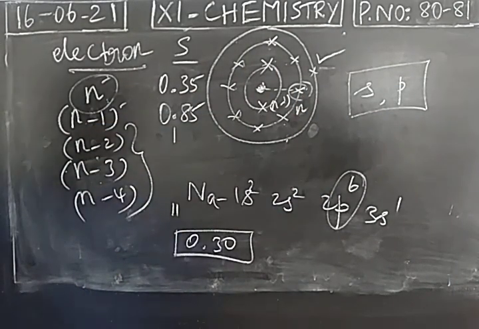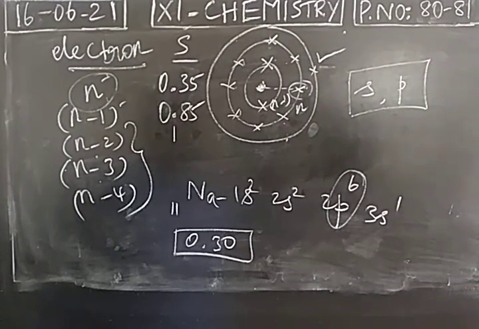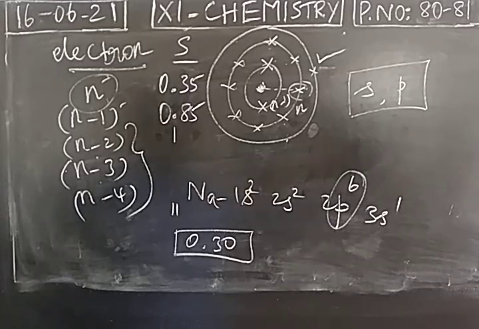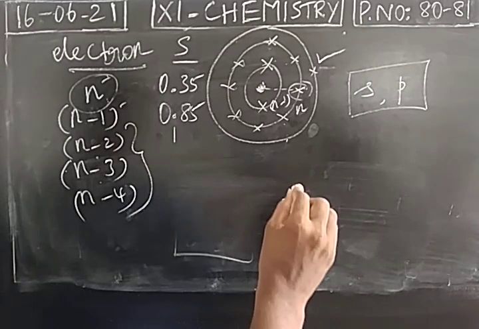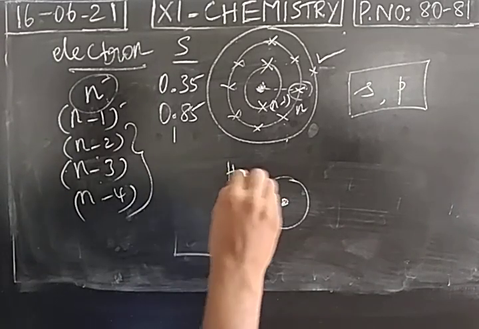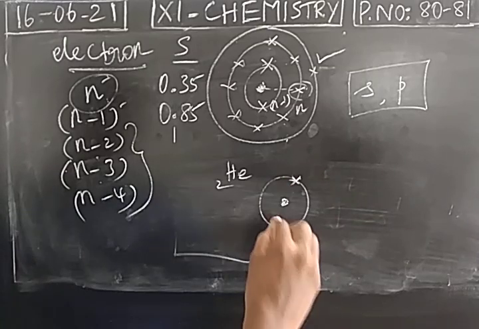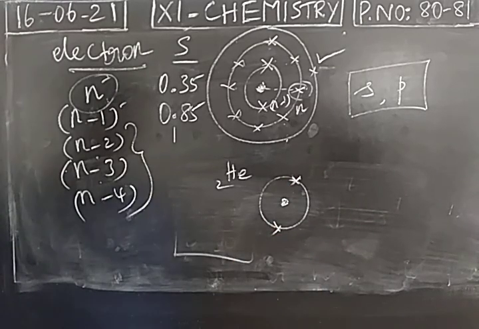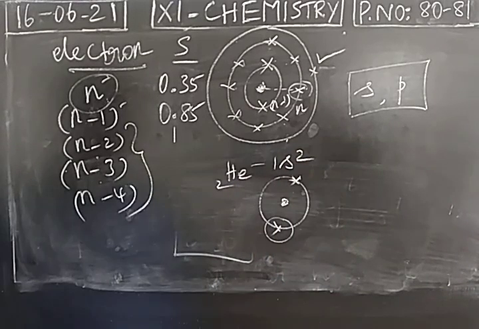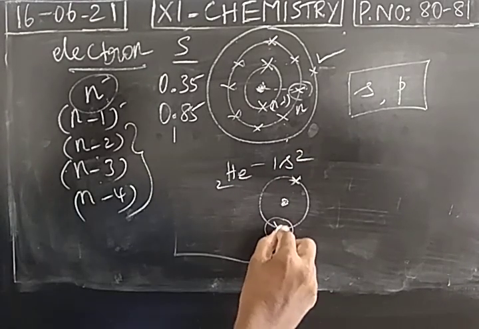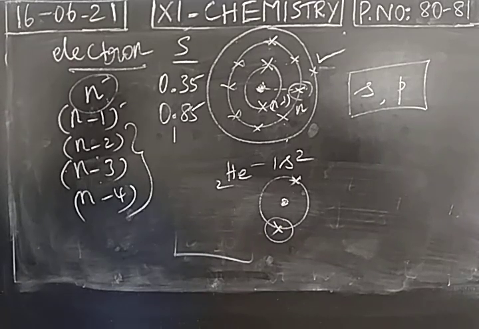When you consider helium with atomic number 2, 2 electrons are present in the first cell. Configuration 1s2. I am selecting this electron.